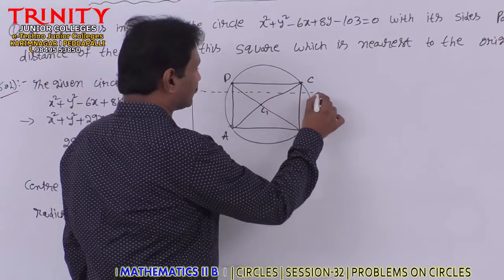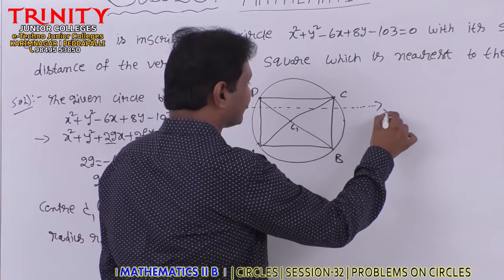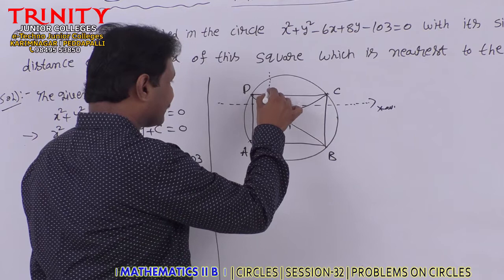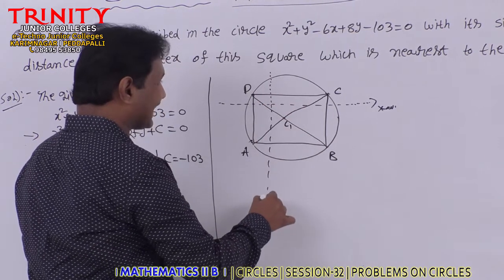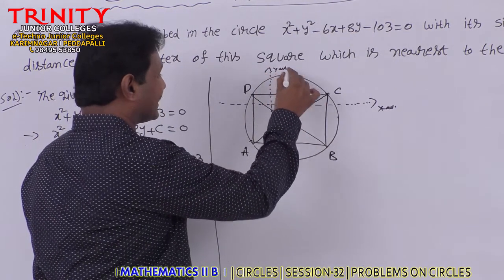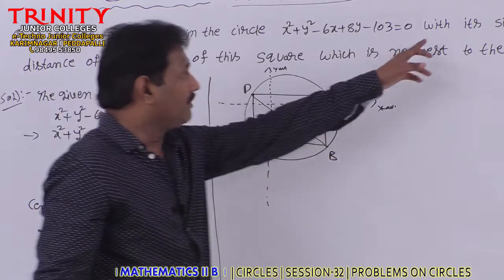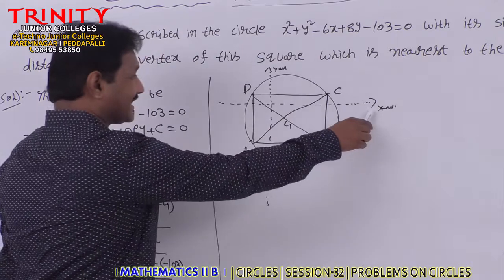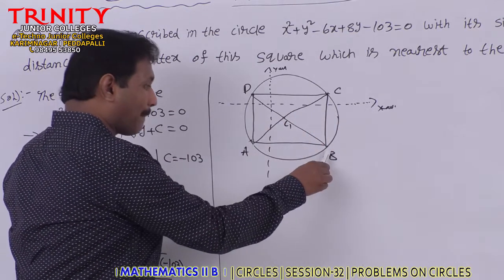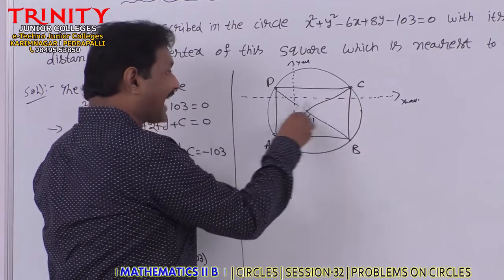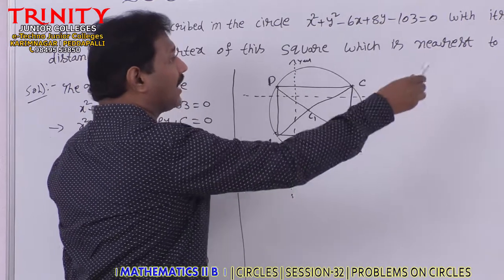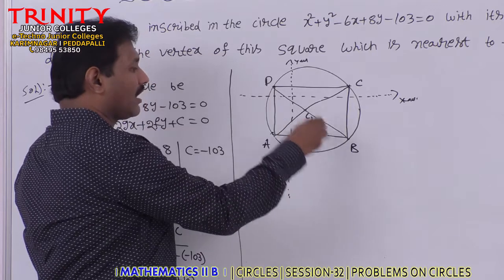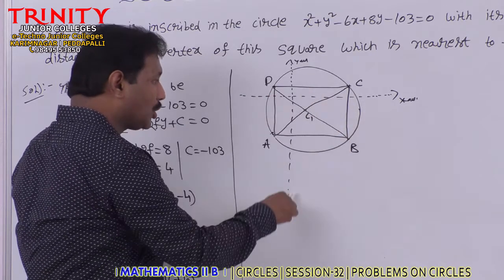Suppose this is the x-axis and this is the y-axis, because its sides are parallel to the coordinate axis. The two sides AB and DC are parallel to the x-axis, and AD and BC are parallel to the y-axis.